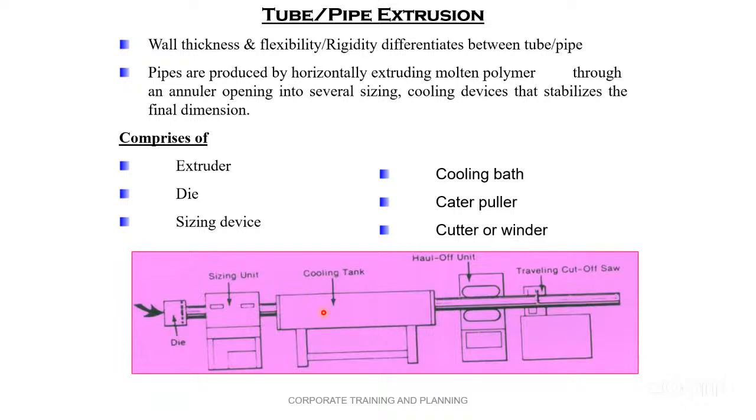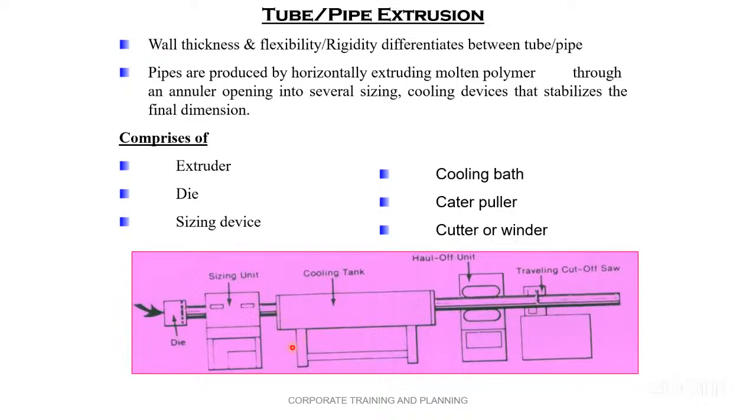If you have a 1000 millimeter diameter pipe, then it requires a very big cooling tank. Here is the inlet, outlet. See, many times the water flows like this. It is not like this.